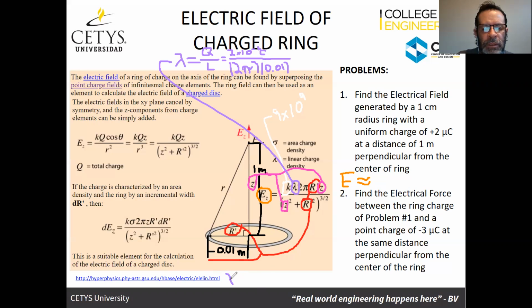So I'm going to say lambda equals Q divided by L. Q is 2 times 10 to the minus 6 coulombs.